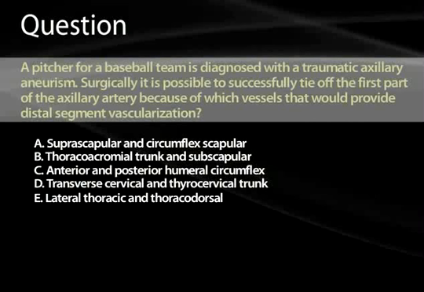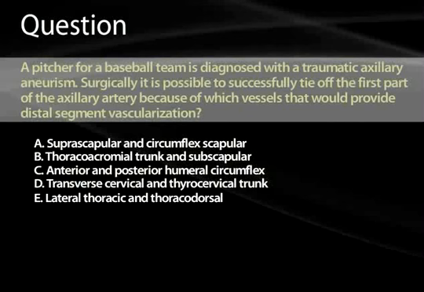The suprascapular and circumflex scapular vessels will anastomose, and the logic behind this choice is the same as what we saw in the lower limb, where you've got the portion before the blockage that needs to get around to the portion after the blockage.